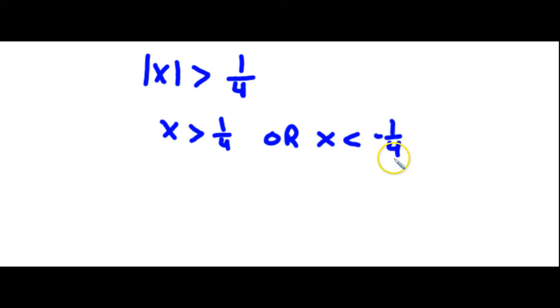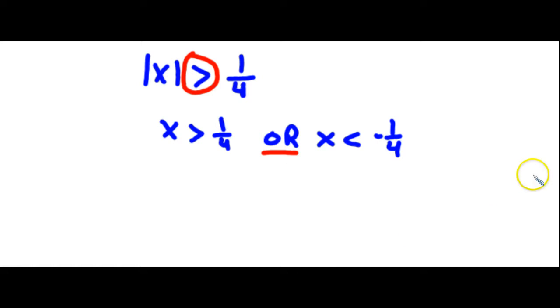Negative 1/4 is also 1/4 places away from 0, and to be farther than that, x would have to be less than negative 1/4. So when we see greater than or equal to, it's going to be an OR compound inequality.